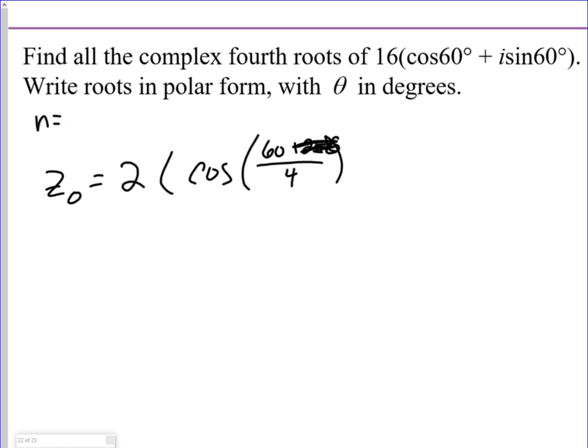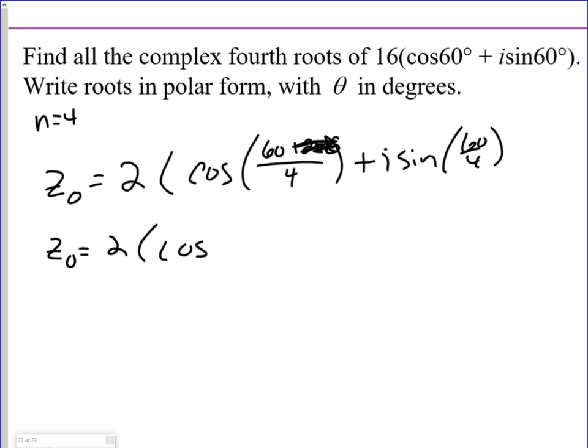N is 4. And then I'm going to do it over here again, which is plus i sine 60 over 4. So my first one, once I clean it up, z sub 0 is 2 cosine 15 degrees plus i sine 15 degrees. And there's the first one.